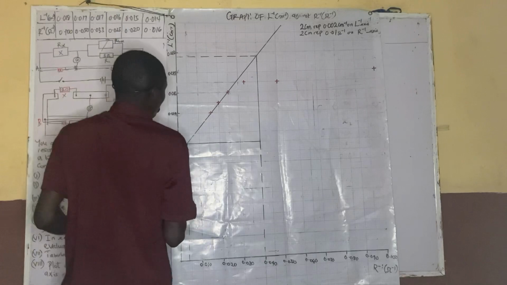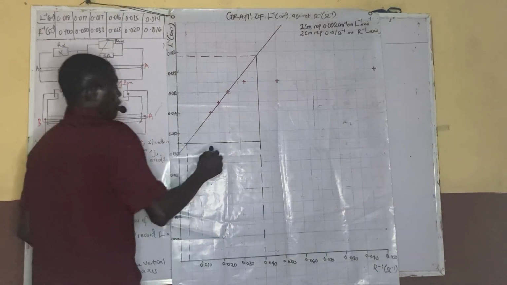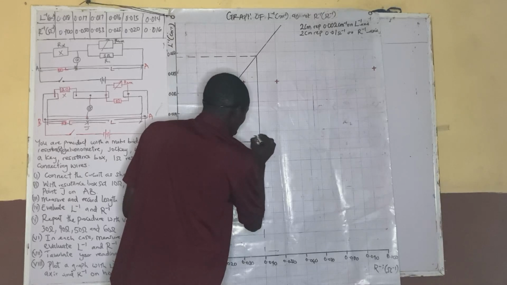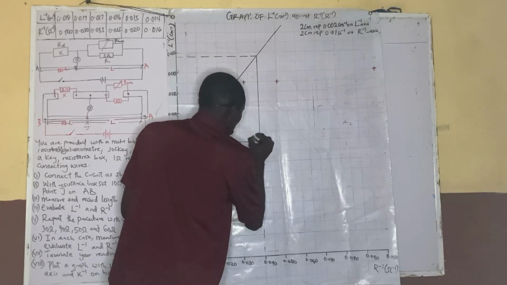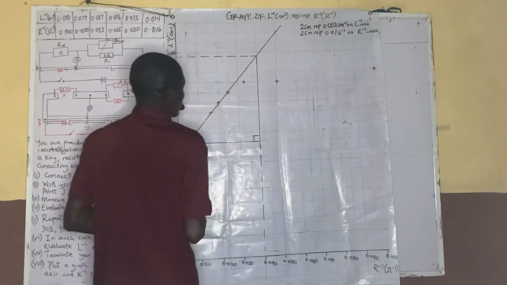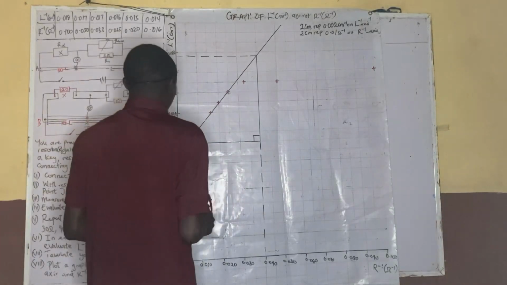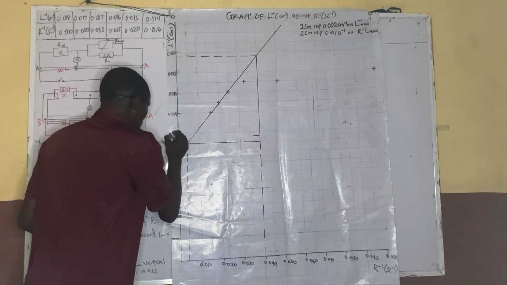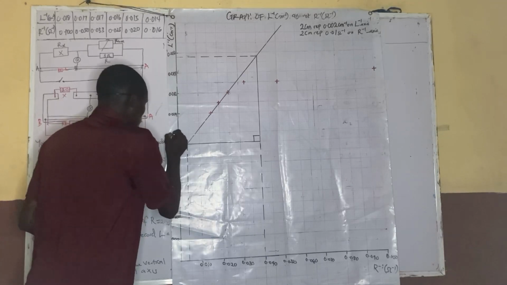So this is your angularity. Now let's put our value. This is 0.010. This is 0.012.